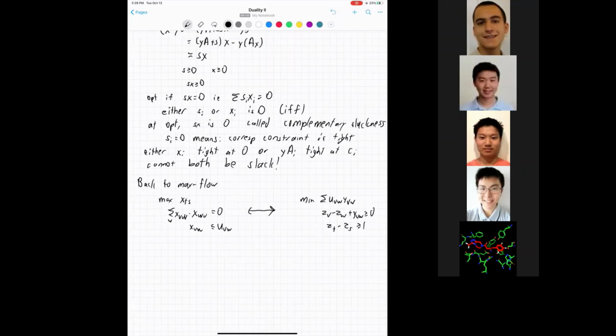Okay. So let's consider optimal Y star and Z star values. Okay.